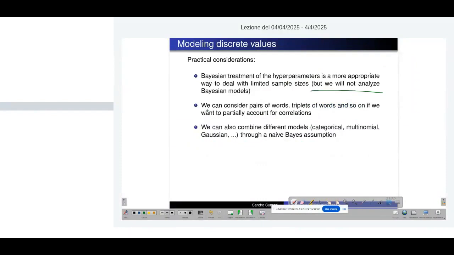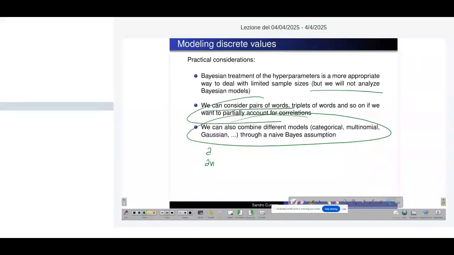Now, to improve the model, rather than considering just single words, which ignores correlations of words, we can extend the model to consider not just single words and the number of appearances of single words, but sequences of words. So, for example, we know that after the word how, typically we have the word are.